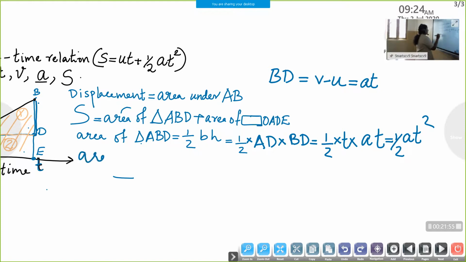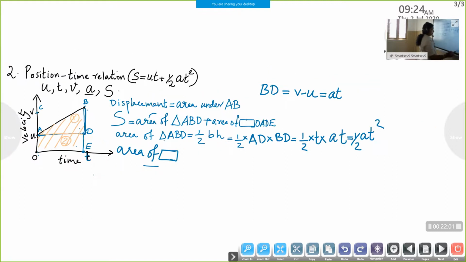Then now I am going to write the area of a rectangle. Which is our rectangle? Yes, the rectangle is OADE. So area of rectangle OADE is equal to, how will you find out the area of rectangle?